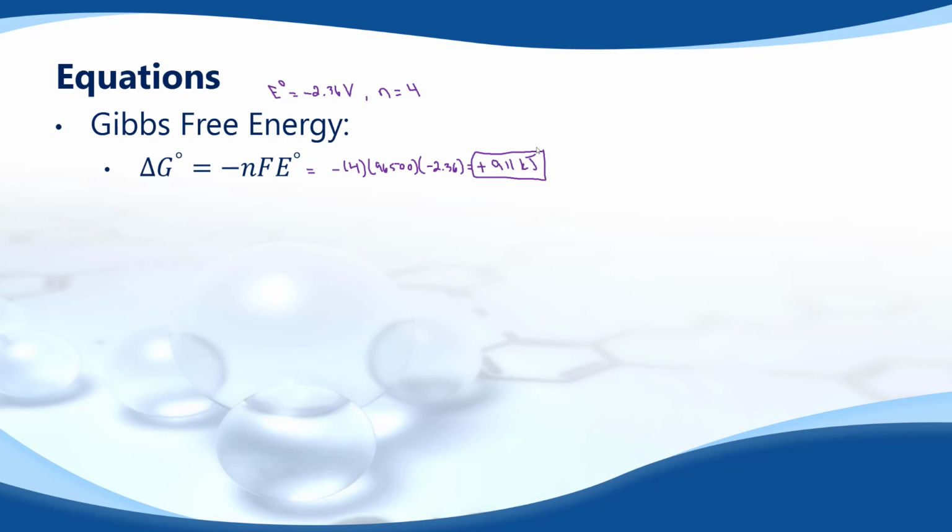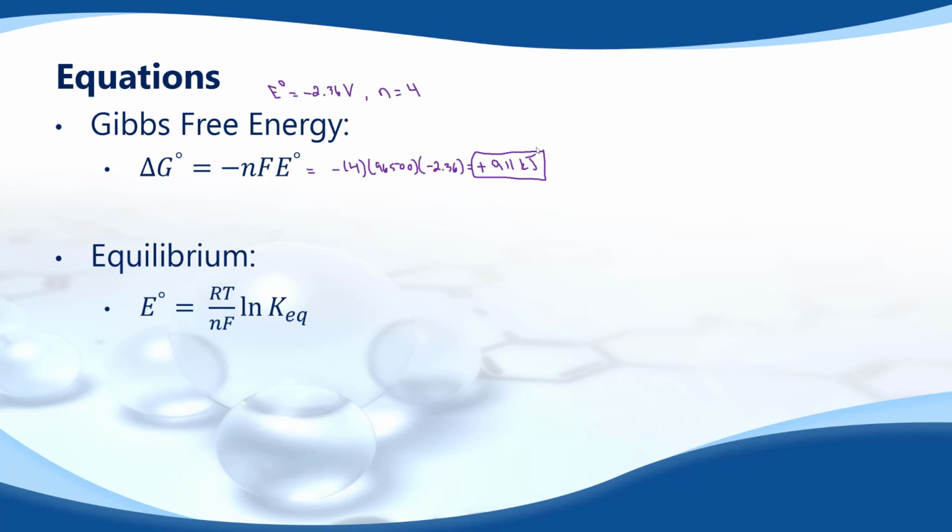Right? Now, to go between cell potential and the equilibrium constant, we're going to plug it into this equation right here. If you actually do care, there is a version of this equation that uses base 10 log instead of natural log, but I don't think it matters really to us that much to get examples in with it.